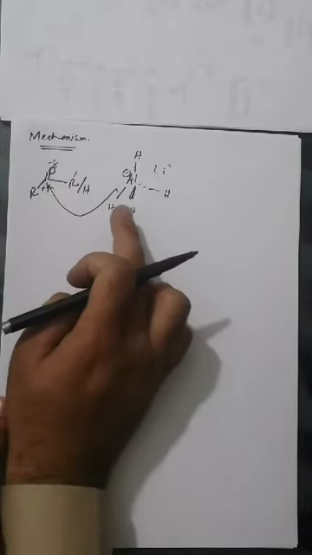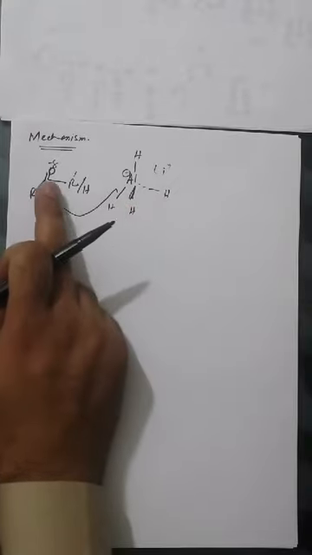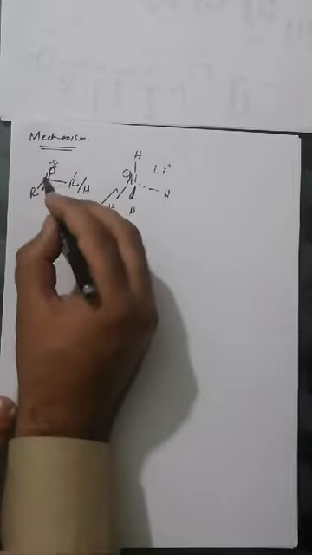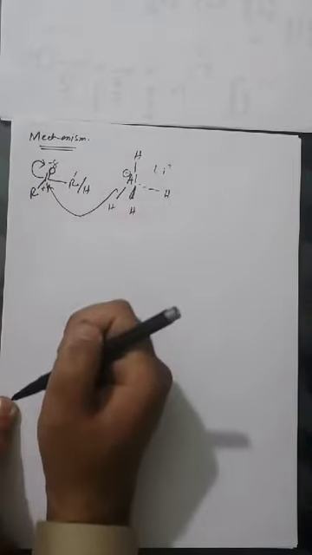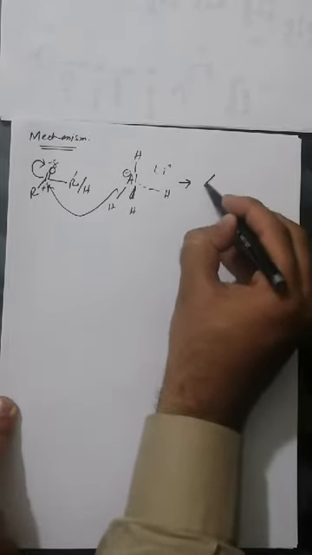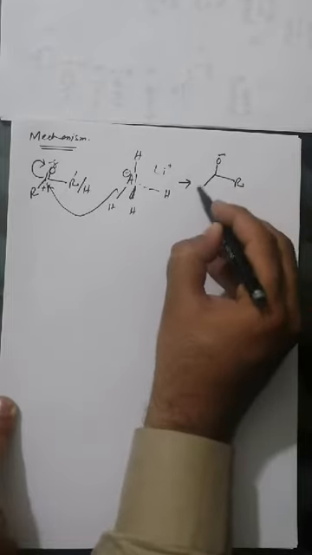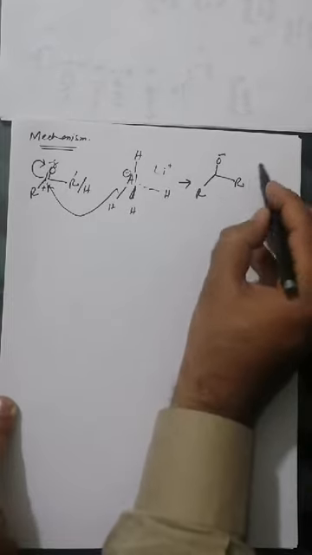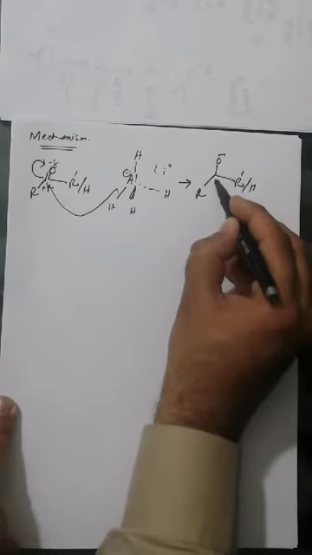When hydride ion as a nucleophile attacks on this electrophilic center, the pi electron density will move over the oxygen, and you will get negative charge on oxygen, and here you have the hydrogen.